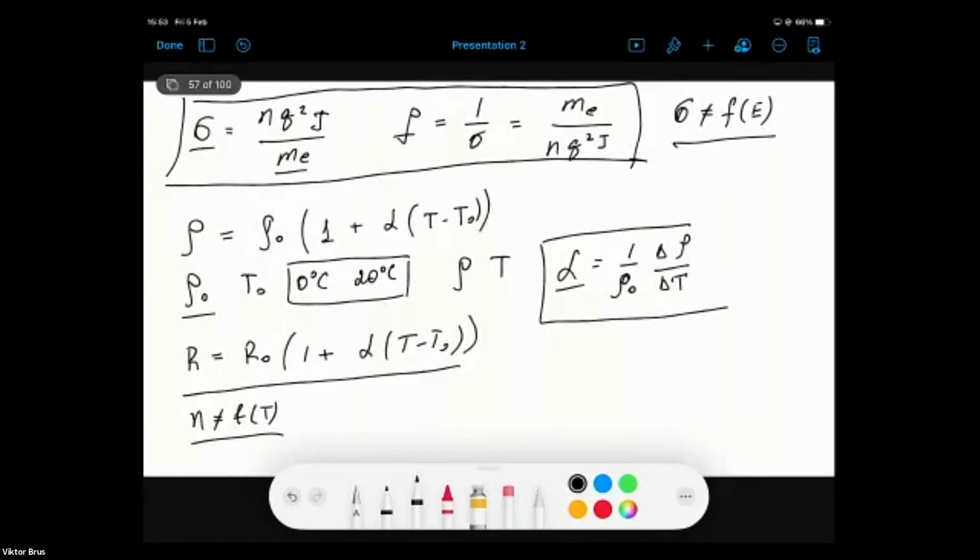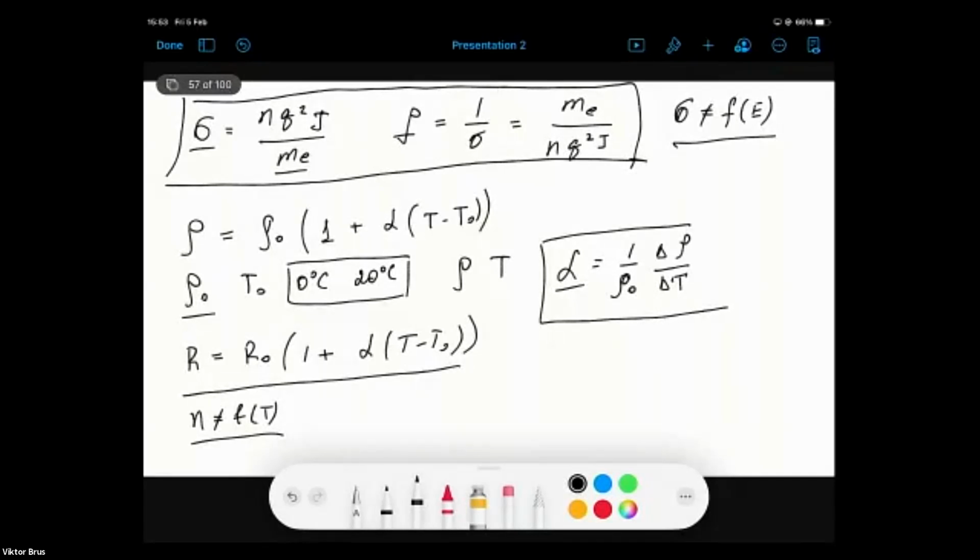The more these atoms move around, the higher the probability of interacting with electrons, and electrons collide with these oscillating atoms more frequently. So more frequently they lose their gained kinetic energy in the external electric field, and it becomes more difficult for charge carriers to move through the conductor. And that's why resistance increases.